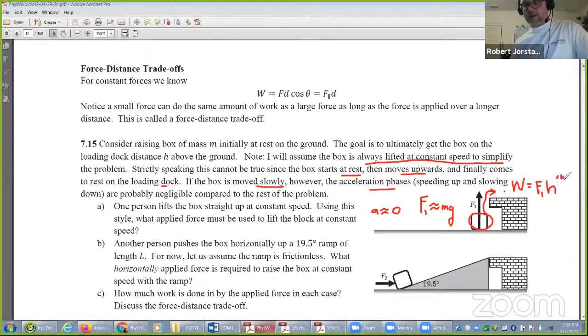There's always a cosine of an angle, but in this case, the angle is 0 degrees. So cosine of 0 degrees is going to go to 1 because you're lifting this thing straight up. The force is straight up. The angle between is 0. So that's great. So notice the work in lifting this thing up is mgh. This fits our kind of mgd idea that we usually get a lot of mgd's when we're doing work in physics.